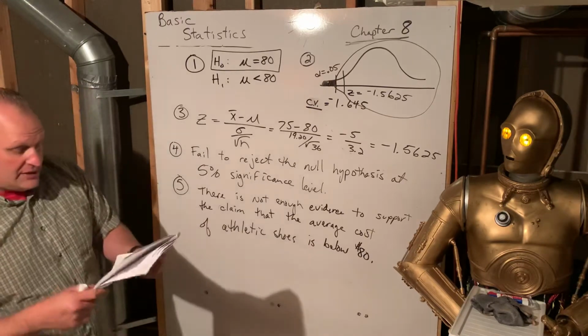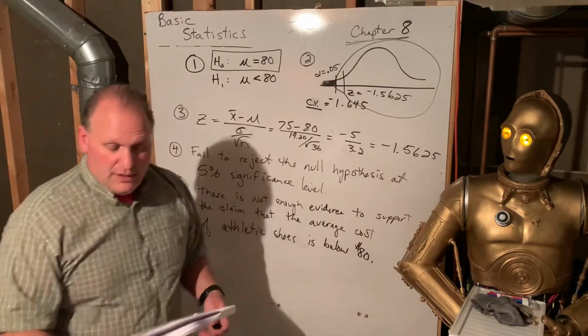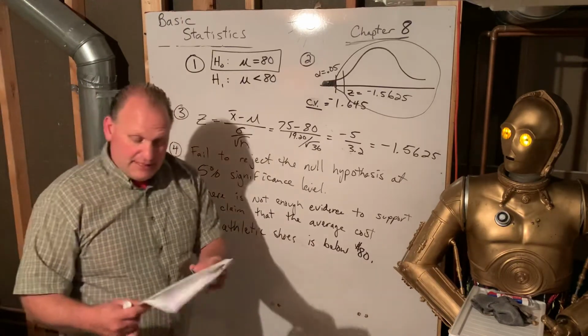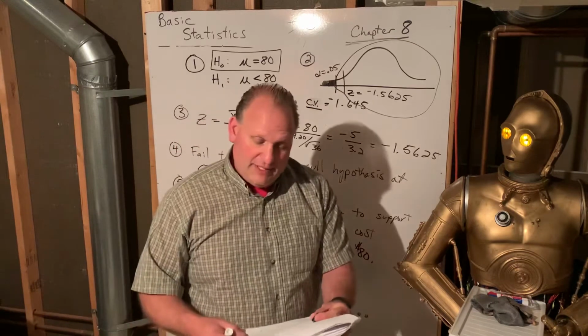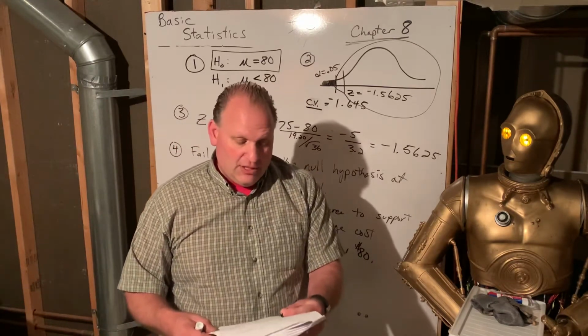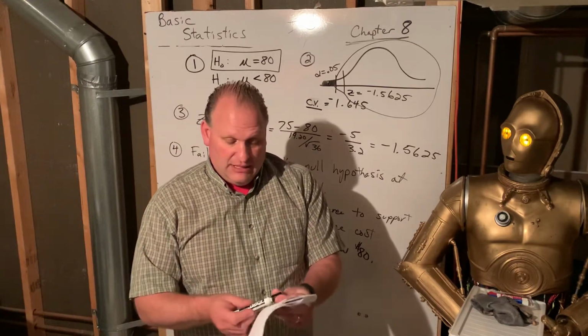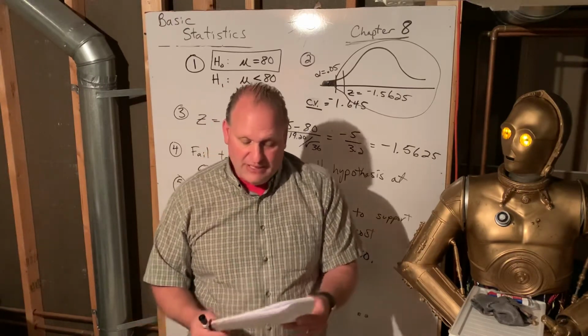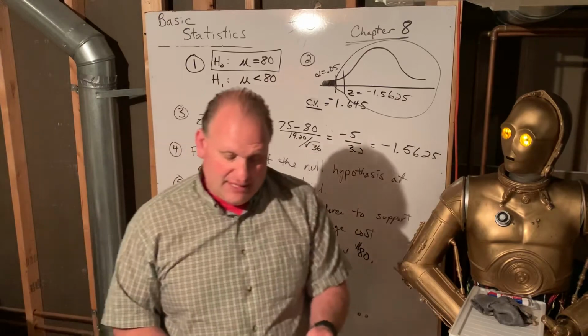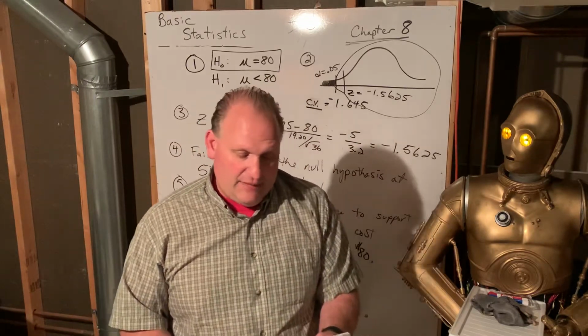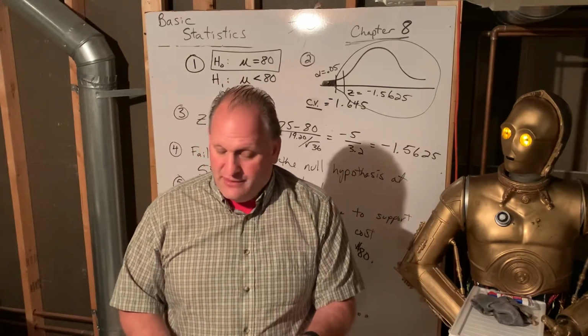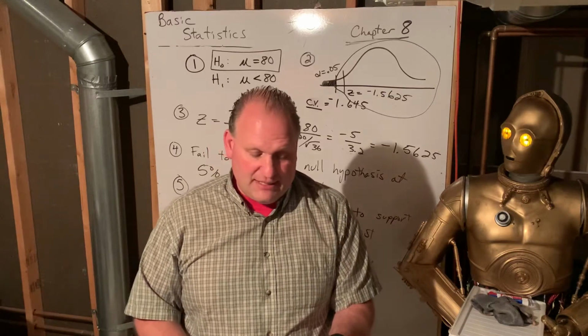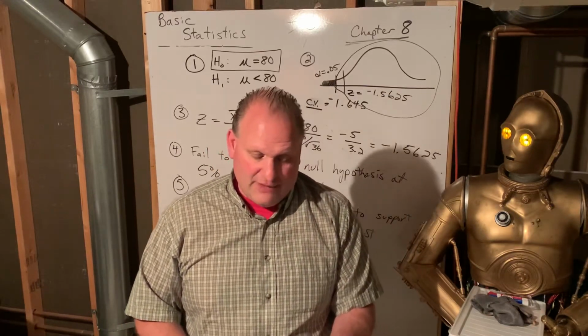Cool. So let's look at example 2. Very similar. I claim that the average financial award at METC is $2,000 or less. If I sample 100 METC students randomly and the sample has an average of 1,800 and we know the population standard deviation is $500, test the claim at the 5% significance level.